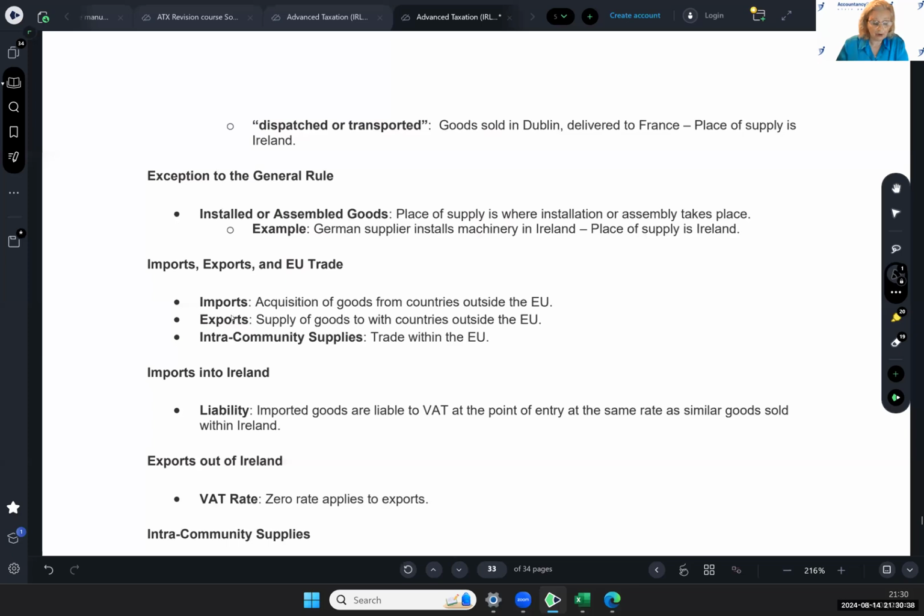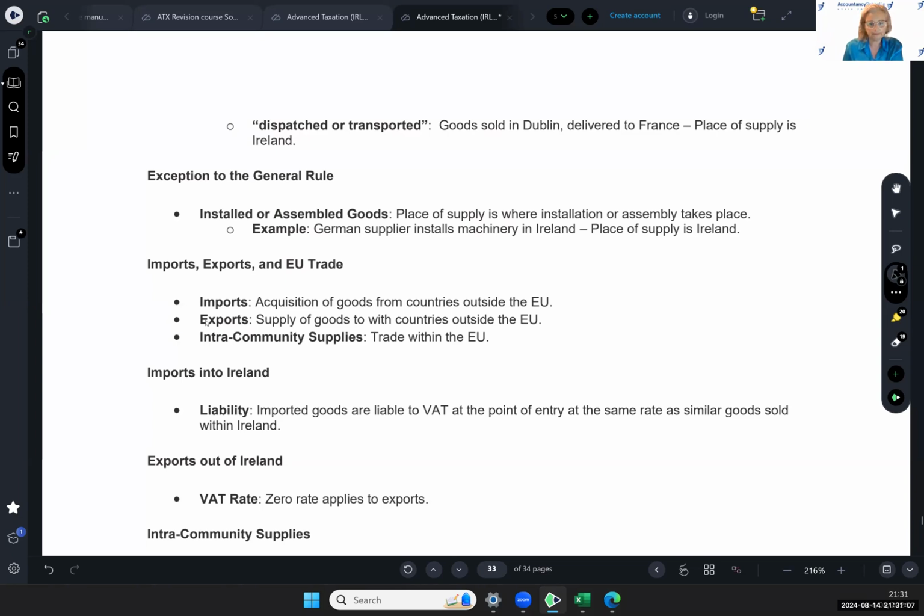So imports is the acquisition of goods from countries outside the EU. Same with the word exports. In layman's terms, export just means you're sending goods from Ireland to anywhere else in the world. No. If you're sending the goods from Ireland to a country outside the EU, that's an export. If you're sending the goods from Ireland to a country within the EU, that's an intra-community supply.